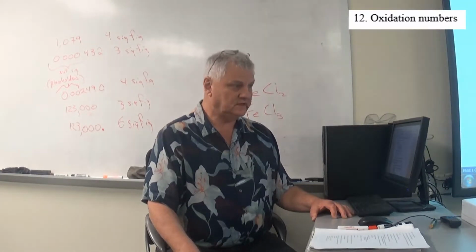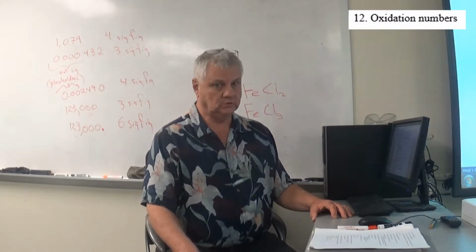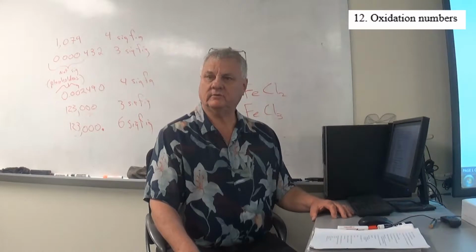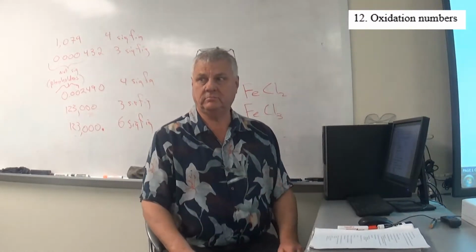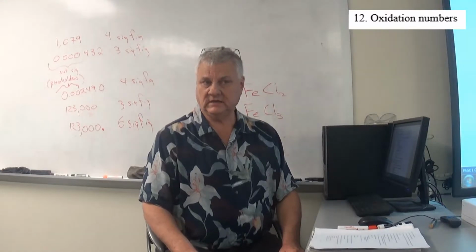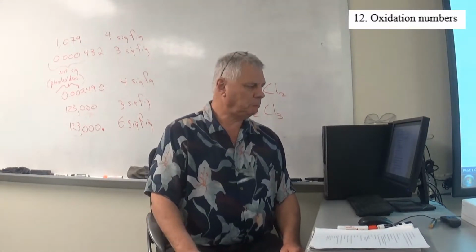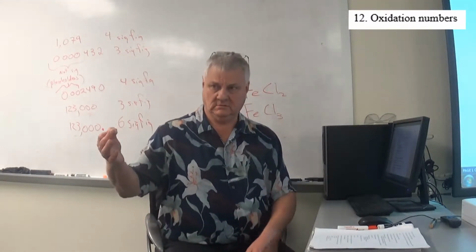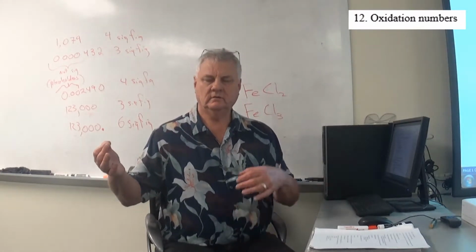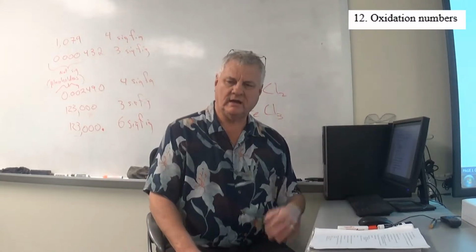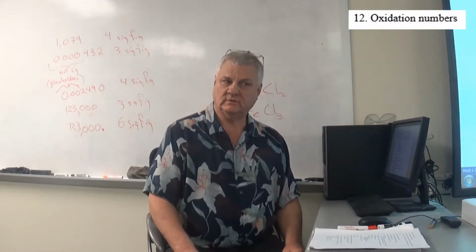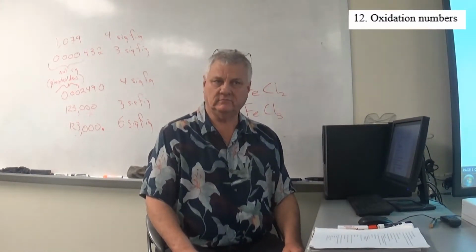If the oxidation number goes up in a chemical reaction for an element, generally that implies there's been an oxidation. If the oxidation number goes down for an element on the left side compared to the right, well then that's where the term reduction came from.